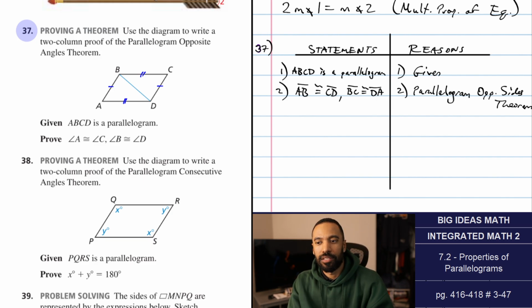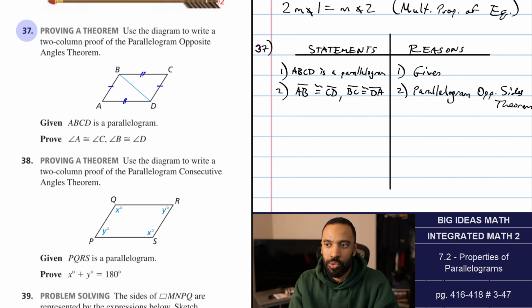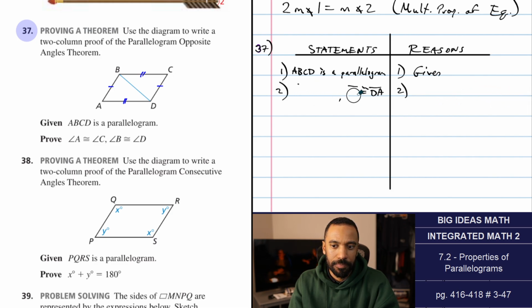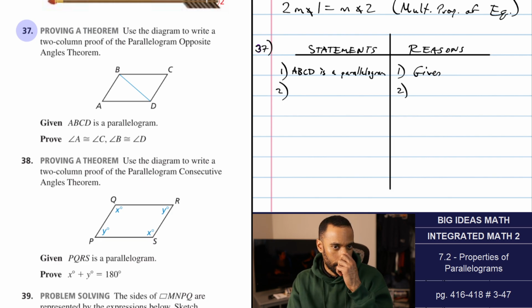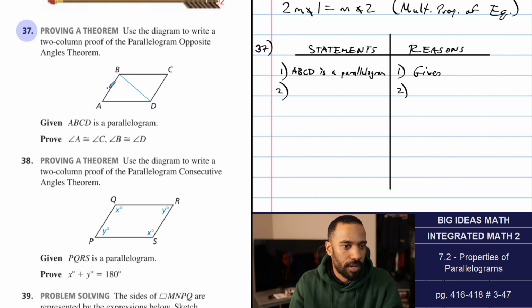You know what? Let me redo that step. I'm going to prove angle B congruent to angle D first. If I do a kill two birds with one stone, I was going to do this by CPCTC, but I don't think I have to.